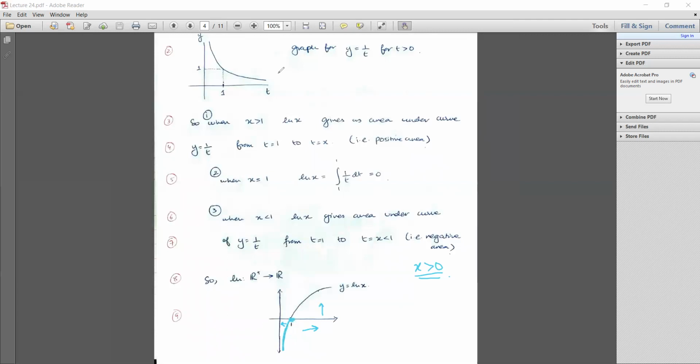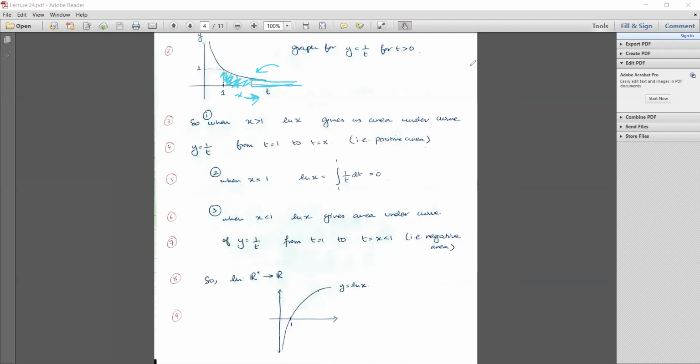Now, it's an increasing function. Why? Because as x increases, the area under my curve increases. The area under this curve, 1 over x, increases as x increases. But because as x gets very, very large, this graph becomes very, very close to the x-axis, the rate of increase decreases.